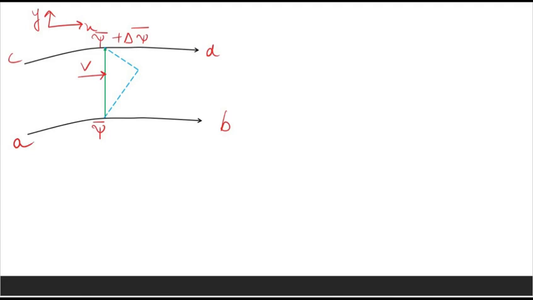So in this figure, you can see that the normal distance delta n is equivalent to the force that is moving upward in the y direction. This delta n is moving in the y direction by amount delta y. Correct? So this delta n spreads into moving upwards in delta y.